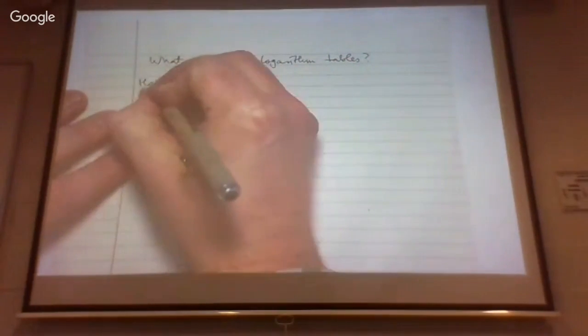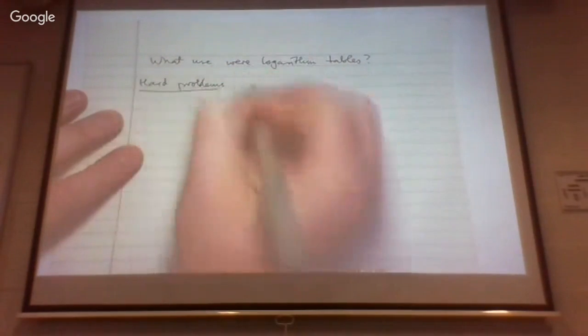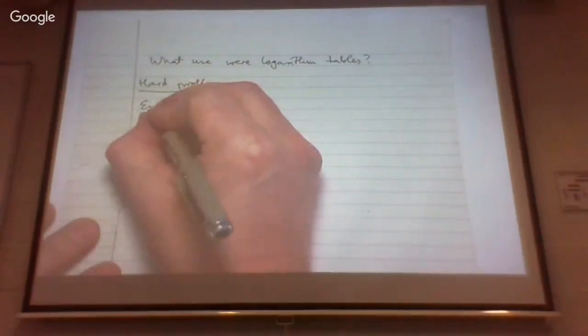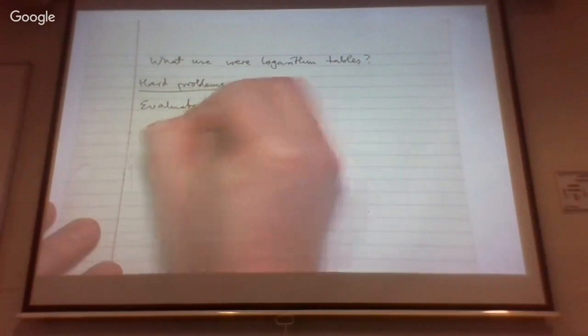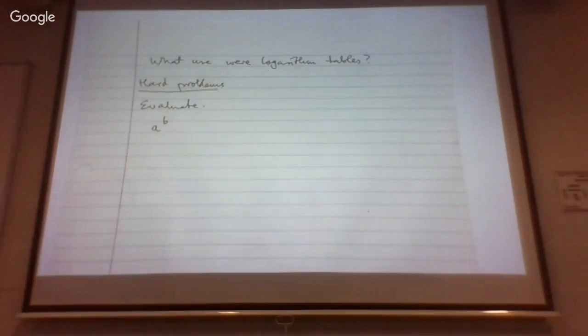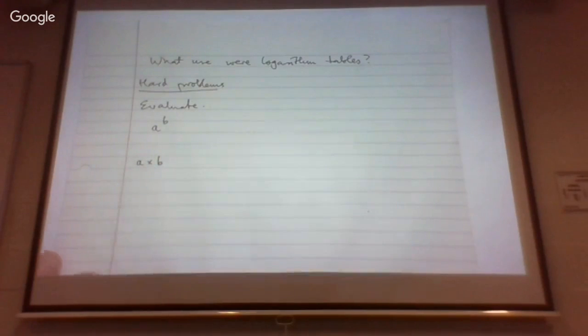Well, one main use of logarithm tables was to help in certain types of hard problems. The certain types of hard problems were if you wanted to evaluate, say, one number raised to the power of another one. Or maybe not so hard, but still maybe a little bit hard, if you wanted to multiply two numbers.